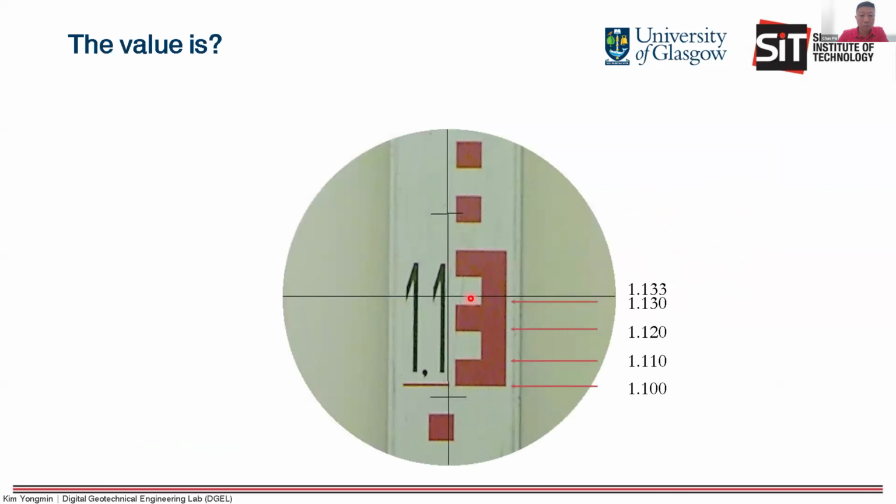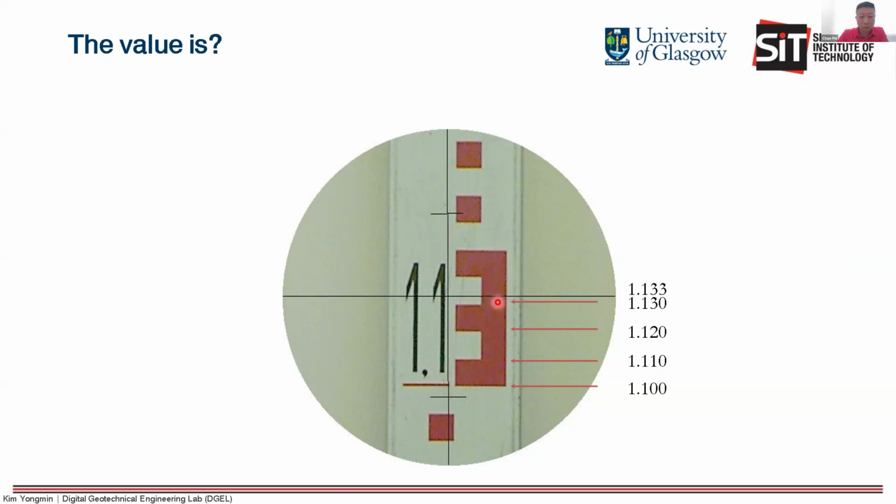Okay, so this is a practice. For reading, first read the black color. That gives you the first two numbers. And then from the red line, you see how many grids you have. This is the first grid, second grid, third grid. So that means 1.11, 1.12, and 1.13 here. So it's slightly above 1.13.